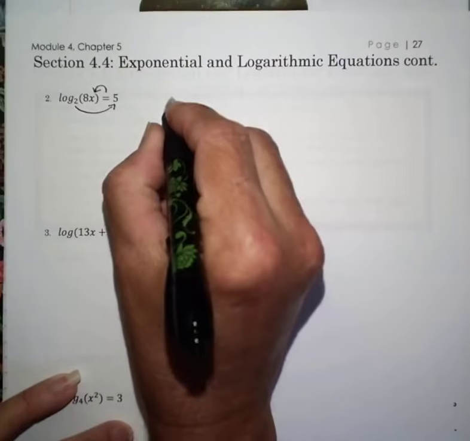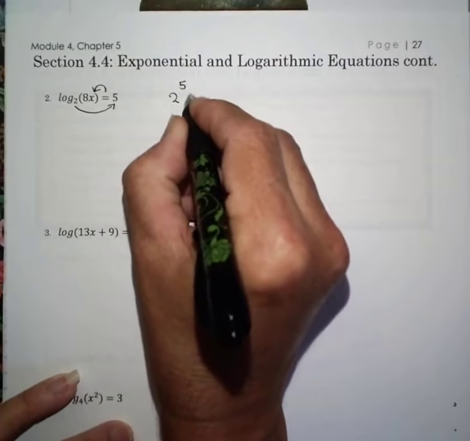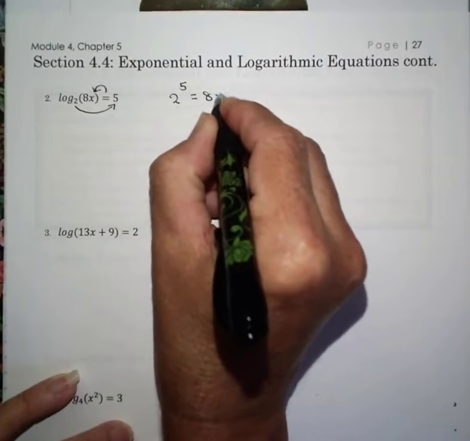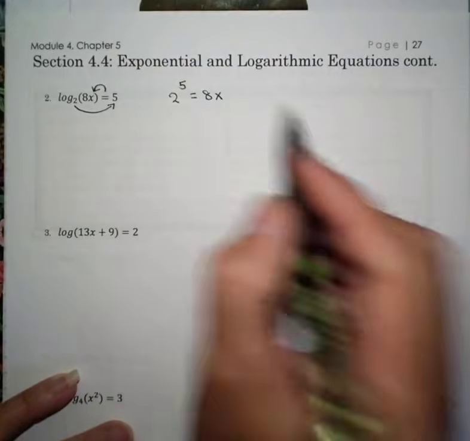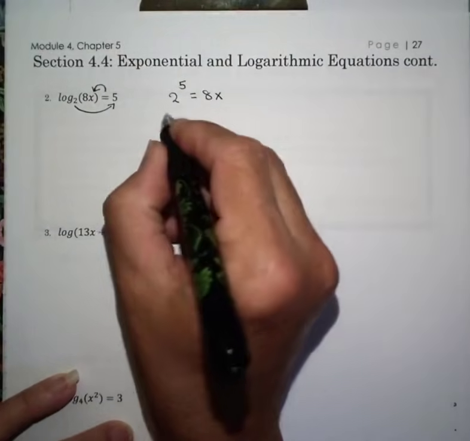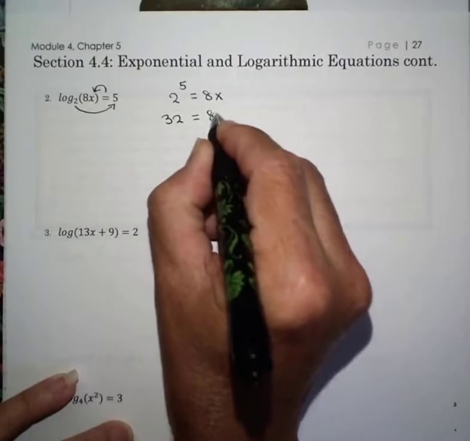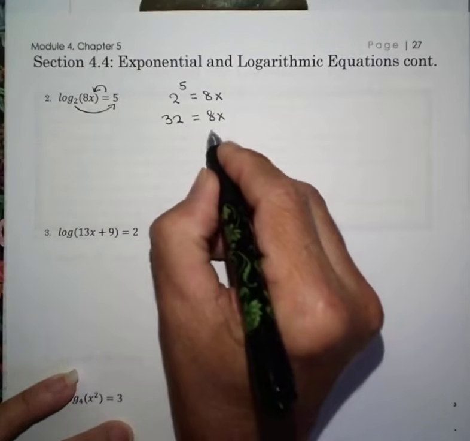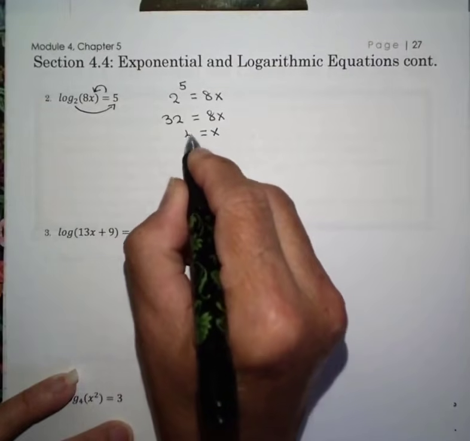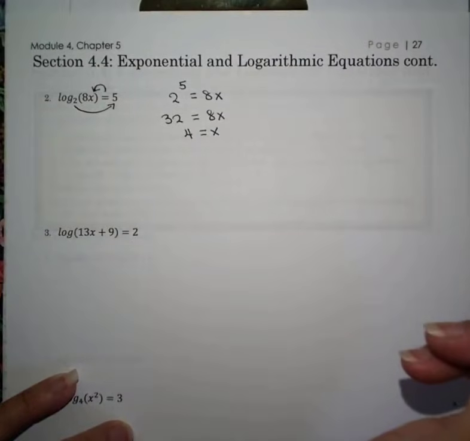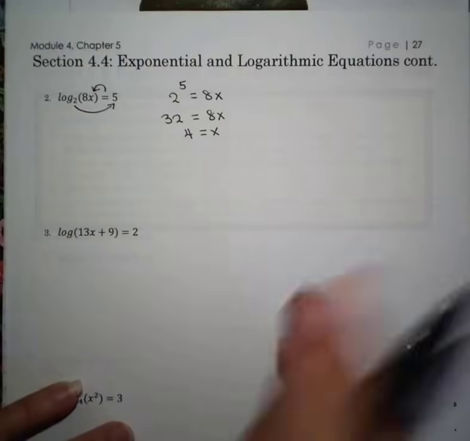So when I write it, I'll say 2 to the power of 5 is equal to 8x. Now, to solve that, I need to know what 2 to the power of 5 is. You'd put it in your calculator if you didn't know, and you'd find out it's 32. And now we just have to divide both sides by 8, and we find out that our x is equal to 4. So that was fairly simple.